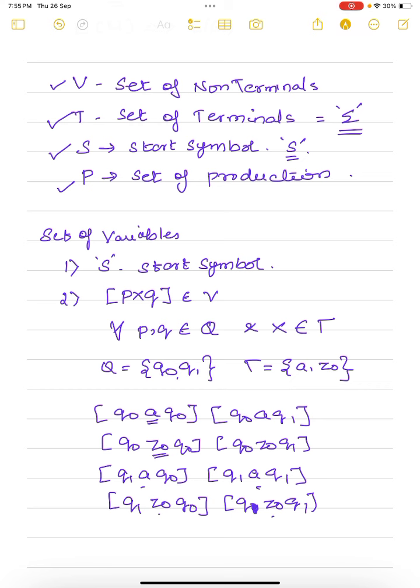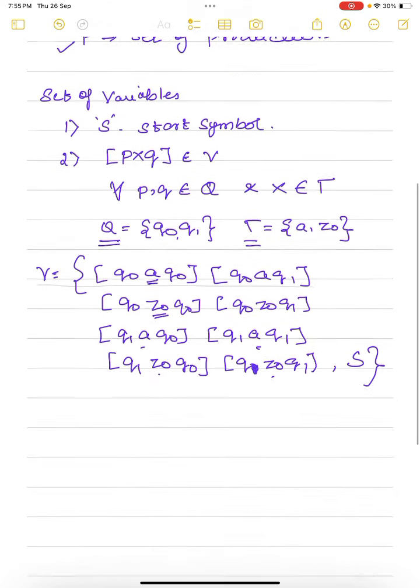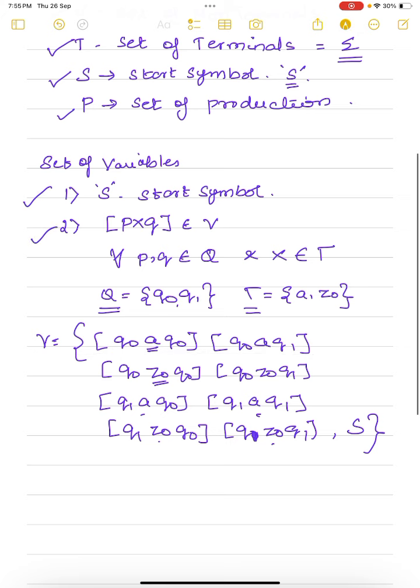All these along with S will be our set of variables or non-terminals if we have a push-down automata with states Q0, Q1 and tape symbols A, Z0. These are the two rules for defining the set of variables.